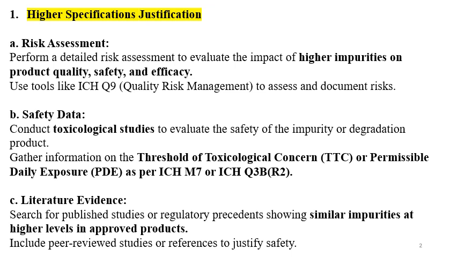But always understand that this literature should be very authentic and should be able to provide you the correct information. So include peer reviewed studies or references to justify the safety. If you found some information in the specific literature you should evaluate whether you can rely on that study or not.